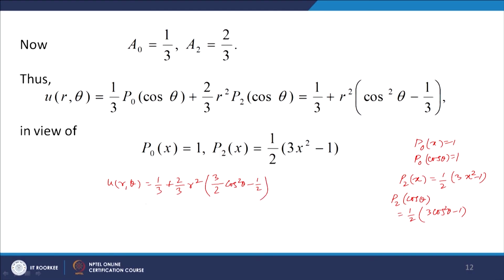So, what do we get? 2 by 3 will cancel with 3 by 2, we get r square cos square theta, and then 2 by 3 into r square we multiply to minus half. 2 will cancel, we get minus 1 by 3 r square. So, we get 1 by 3 r square times (3 cos square theta minus 1)... In view of P naught x equal to 1, P2 x equal to 1 by 2 (3x square minus 1), this is the solution to the given problem.